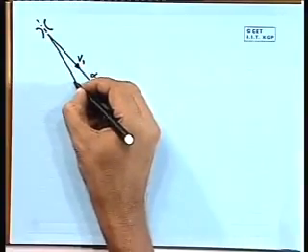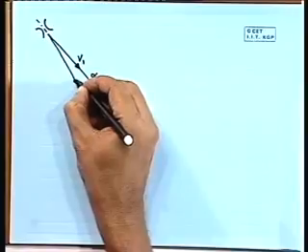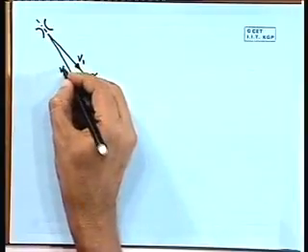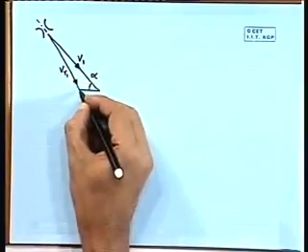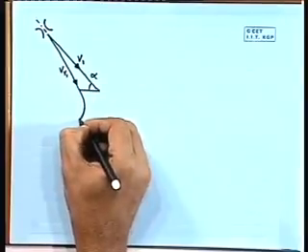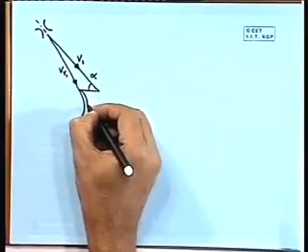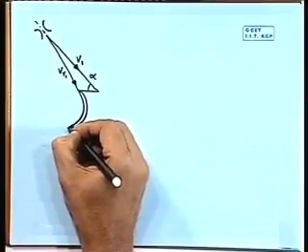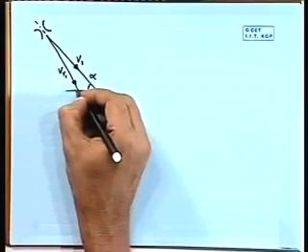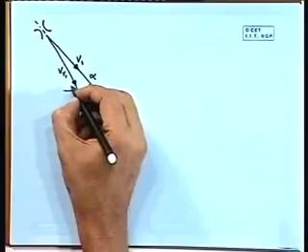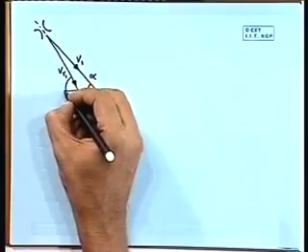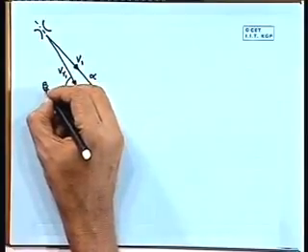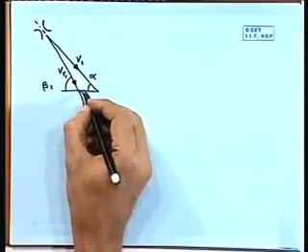Here, this is the relative velocity of steam as it enters the blade passage. This is the blade passage. This angle is known as the blade inlet angle, and it is denoted as beta 1.